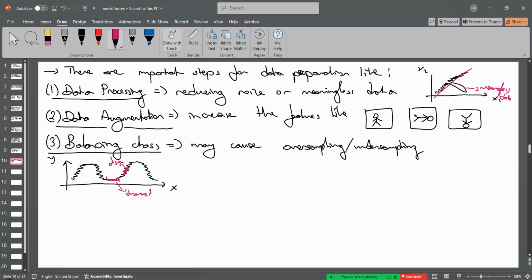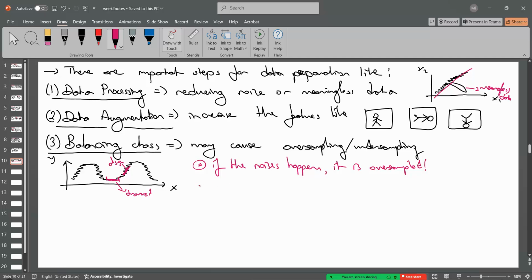Okay, so we can conclude that if the noise happens, it is oversampled because we have too much data here.